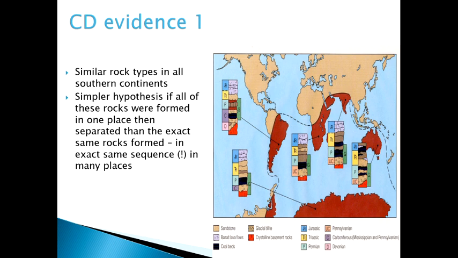It's easier, Wegener said, to imagine that all of those environments were together, and therefore the rocks formed successively, one on top of each other, and laid down that stack of rocks that you see there as those color strips. Then all the continents separated, moved to their very far disparate places, and that's why we have the same rocks of the same age in all those different places.